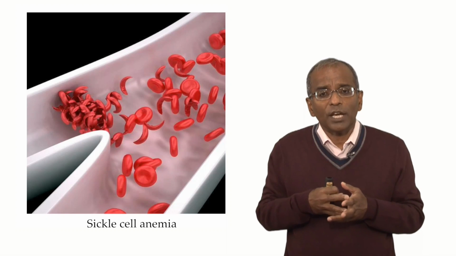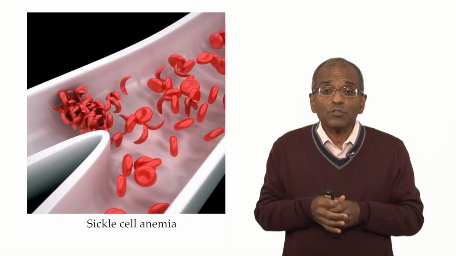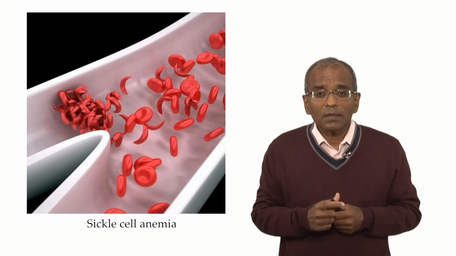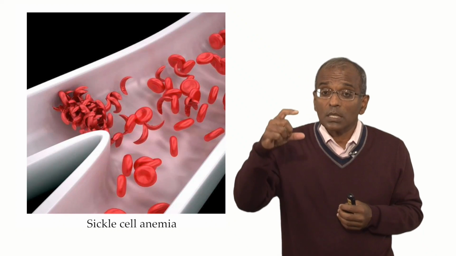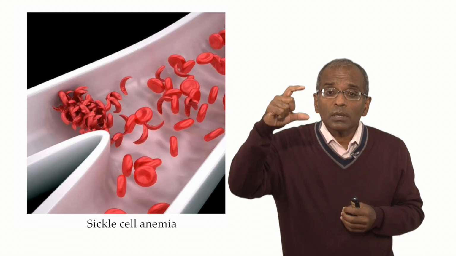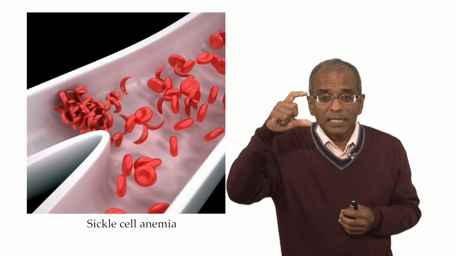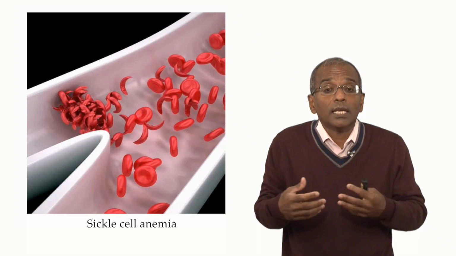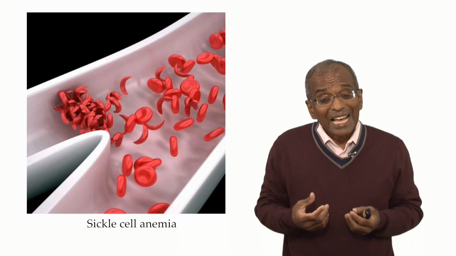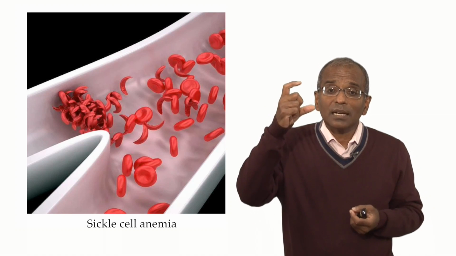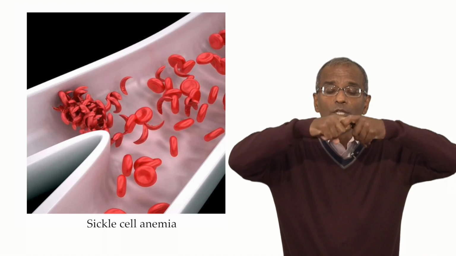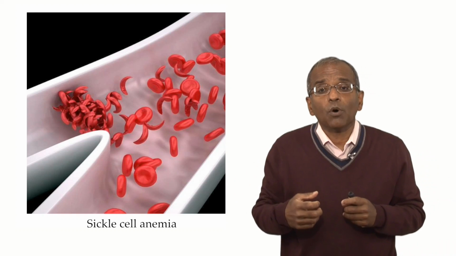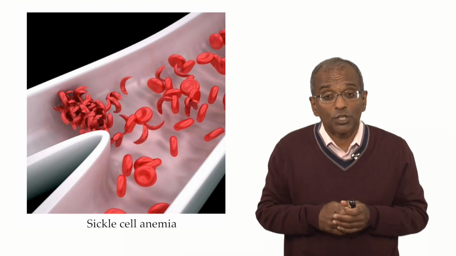But the mutant variation, which leads to sickle cell anemia, leaves your blood cells which look like sickles or crescents. The difficulty here is twofold. One, the absorption area available to a cell, which is in the form of a sickle, is much less, and therefore its oxygen carrying capacity is significantly decreased. And further, these crescents can hook up to form chains, and these chains can cause clots with possibly fatal consequences to the organism.